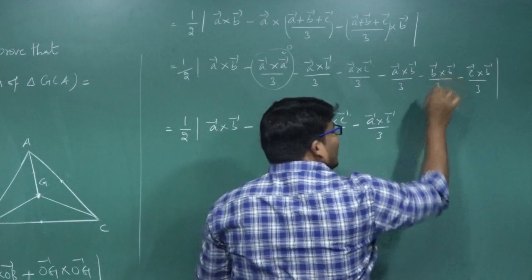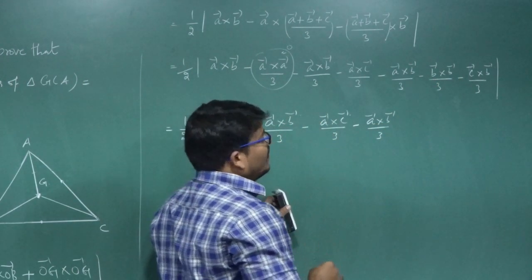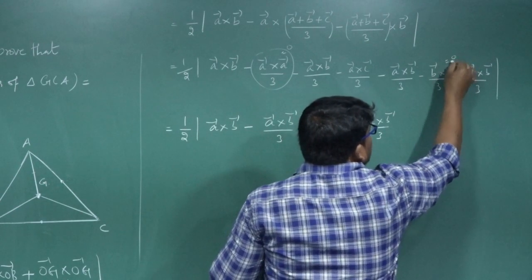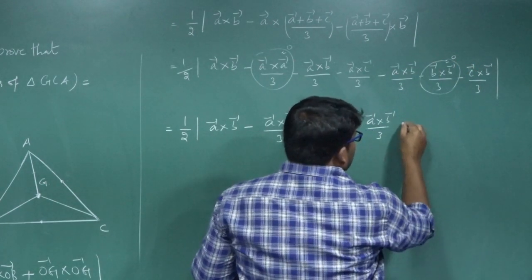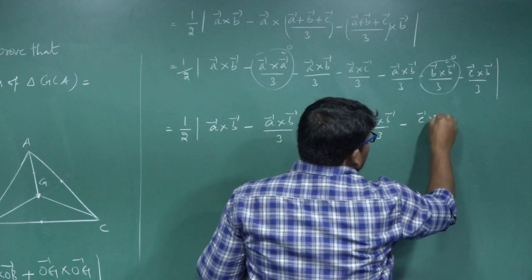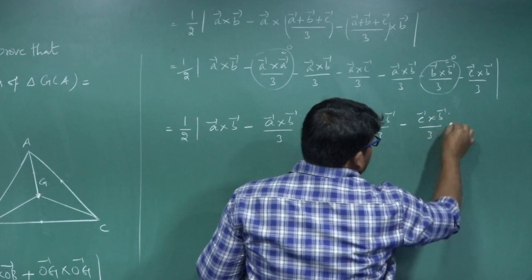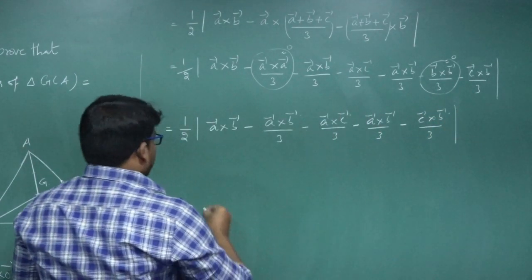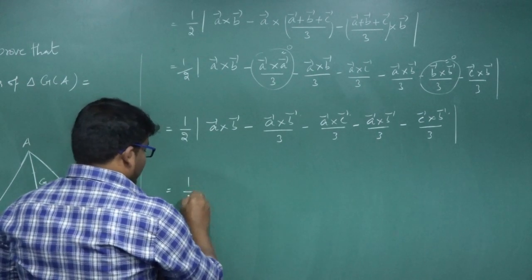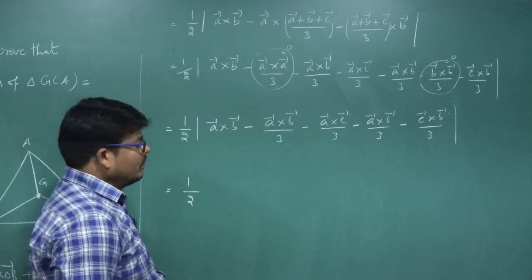Next one, B vector cross B vector is 0. That value is equal to 0. Next one, minus C vector cross B vector by 3. That is equal to 1 by 2. Taking LCM, 3.